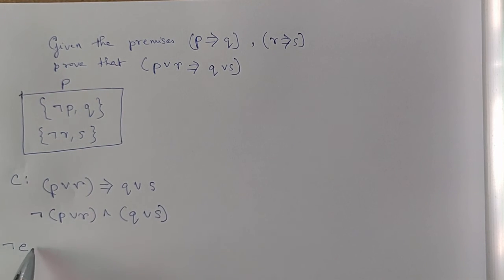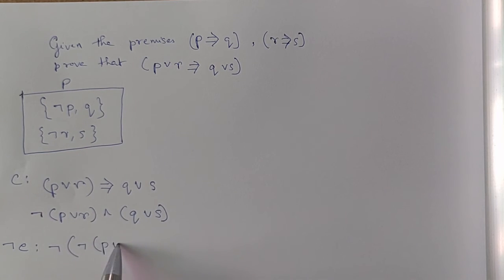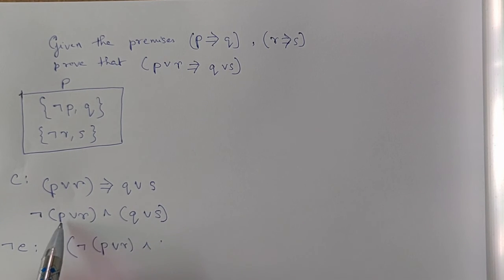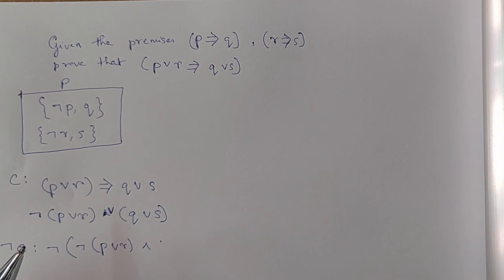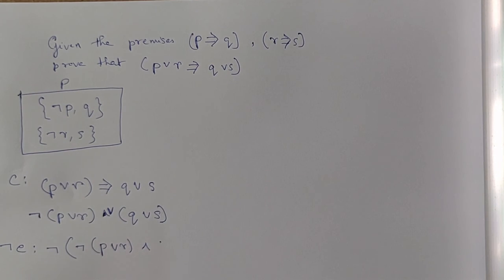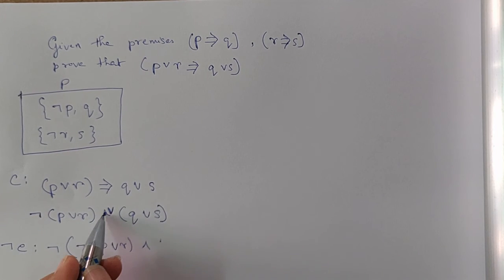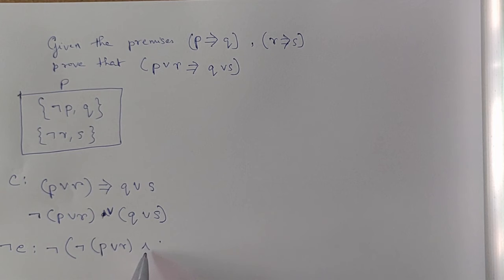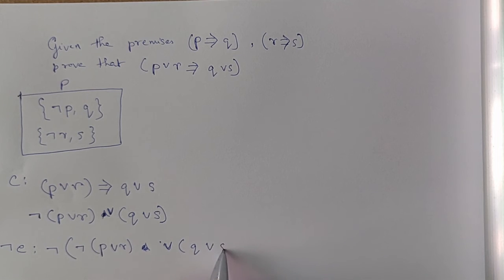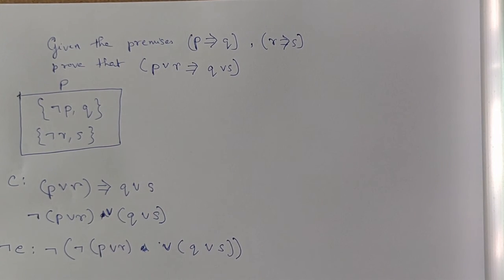Then not C will be not of not (P or R) or (Q or S). Sorry, this will be or. My mistake. This will be or. So this is my not C.